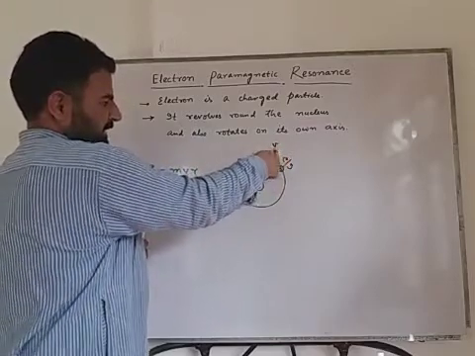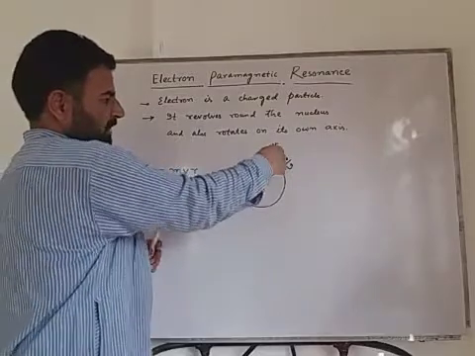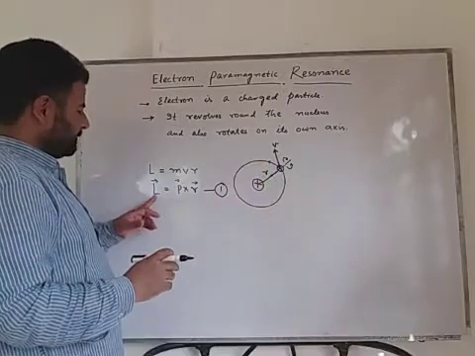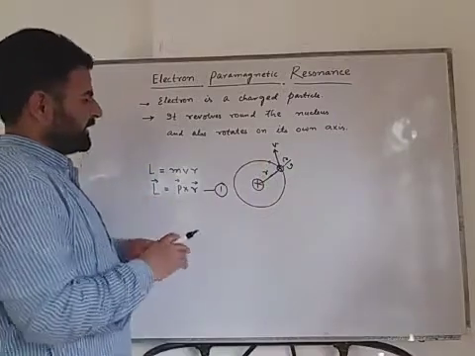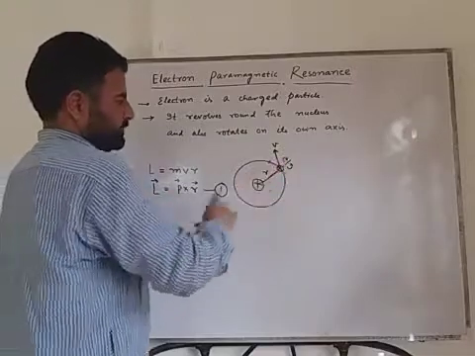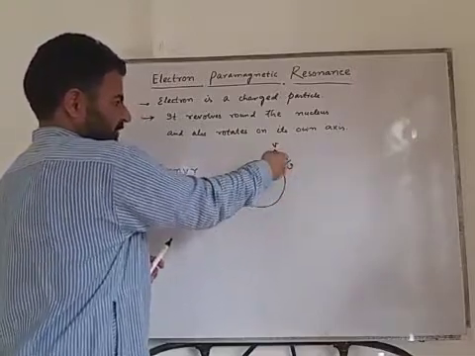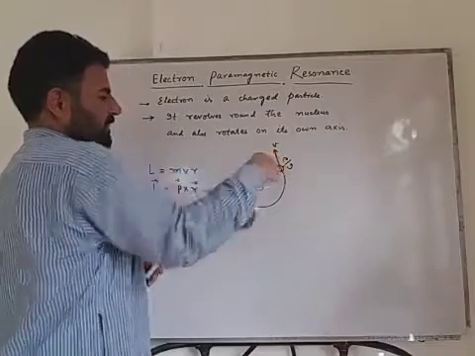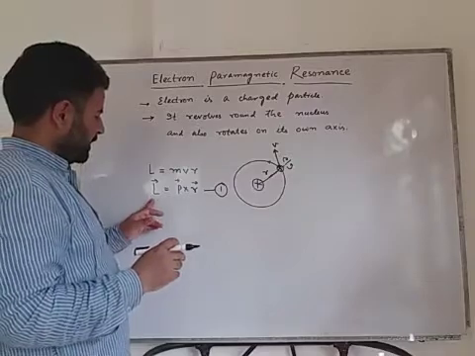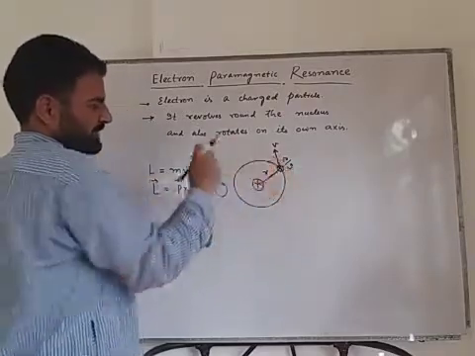That means we can take a screw and rotate it from v to r. It will come outside of this plane. That means the orbital angular momentum direction will be outwards in case of anti-clockwise direction.